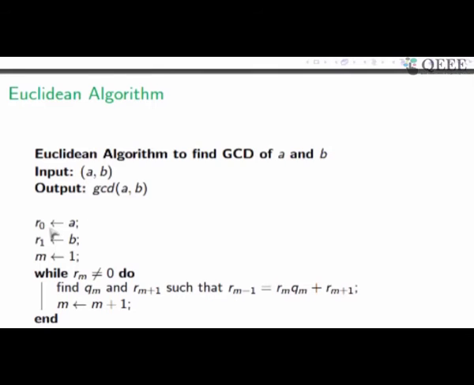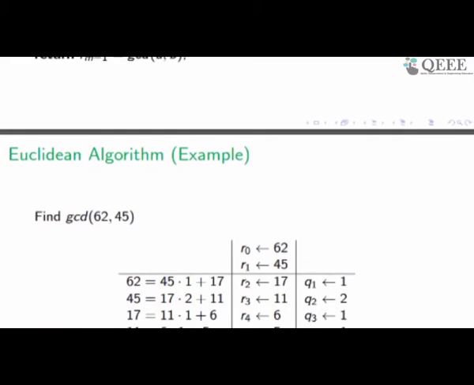So what we do is we take R0 equal to A and R1 equal to B and make M equal to 1, and we keep iterating. Each time we divide Rm minus 1 by Rm to get a quotient and a remainder, and eventually when we end up with a remainder which is 0, the output is Rm minus 1, which is the GCD of A comma B.